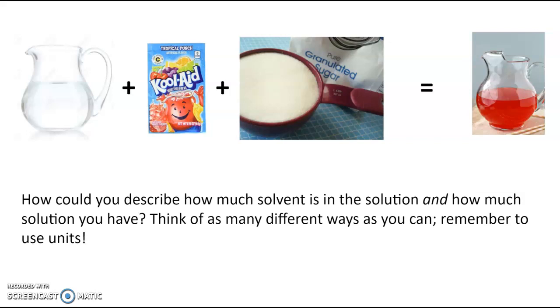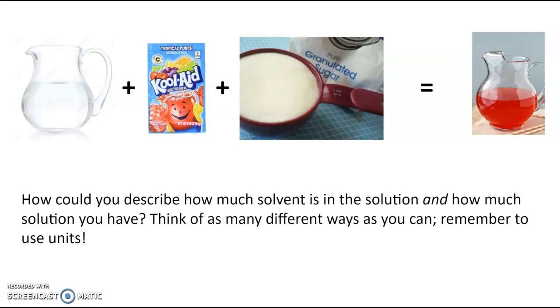And then if we want to talk about the solute, right, we already have a unit given for the sugar. We have a cup of sugar, but we could measure it in grams. We could measure it in kilograms, we could measure it in pounds, and all those different tablespoons, right? And so we would quantify it in those ways.